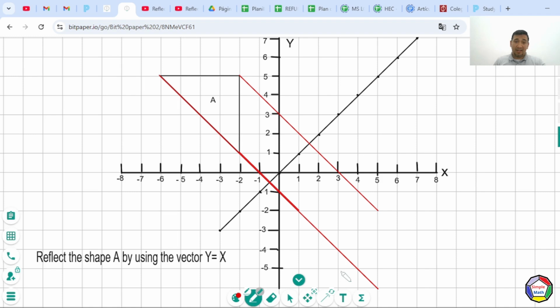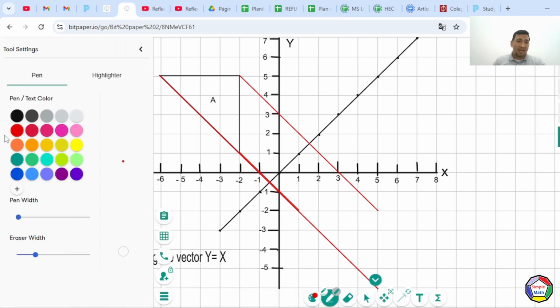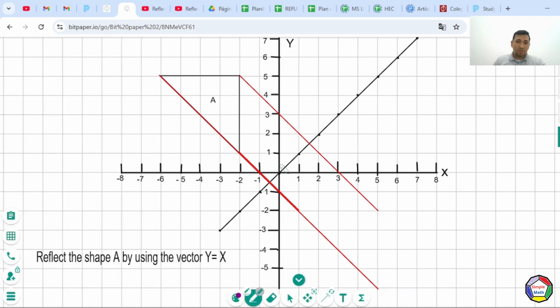Now I think it's time to make the new shape. Remember, here I have the first one, the other one, and this one is the other one.